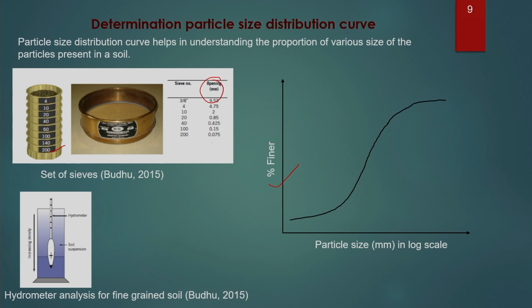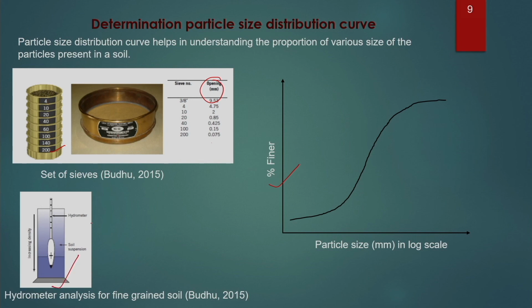In this set of sieves, we will sieve the soil and then take out the sieves and find out how much soil has been retained in each sieve. Then the remaining soil, which is passing through 0.075 mm, will be analyzed again with a hydrometer. Because this particle size is very small, we cannot use a sieve for it, we have to go for a hydrometer analysis.